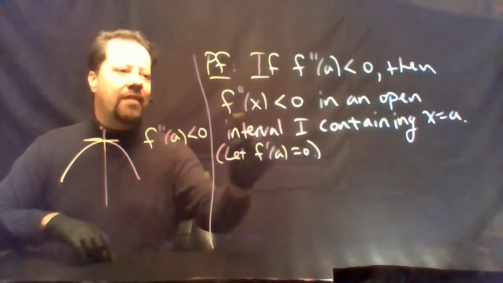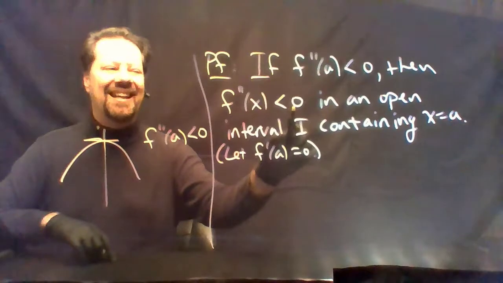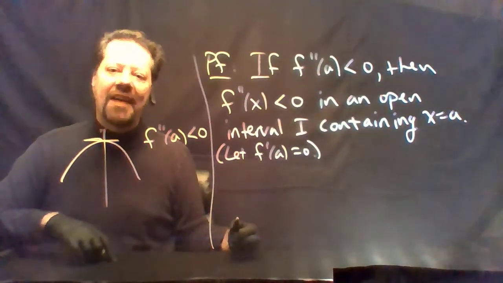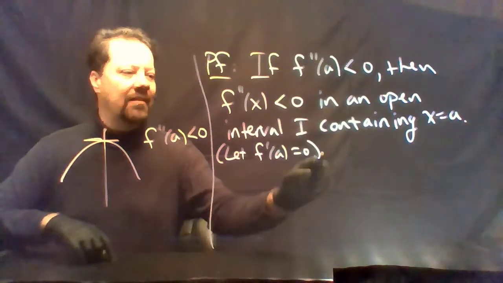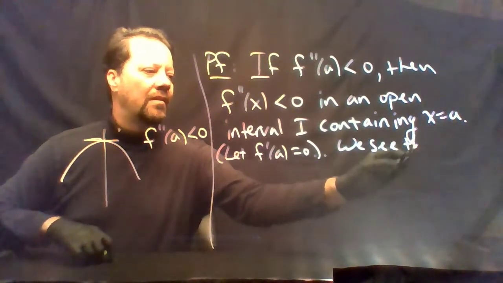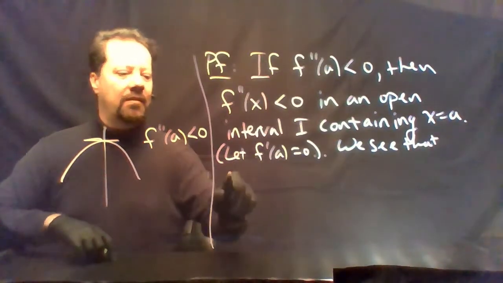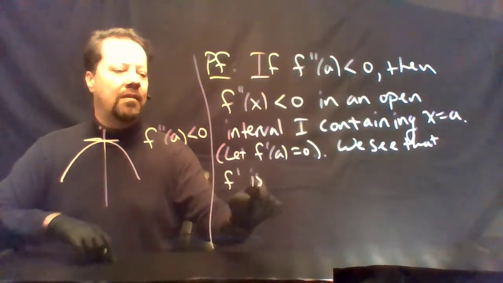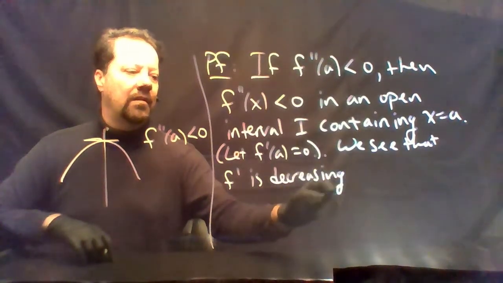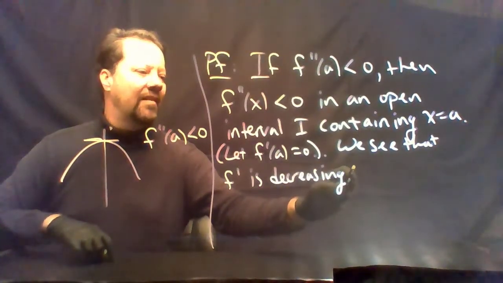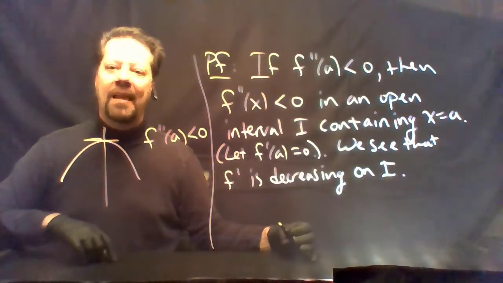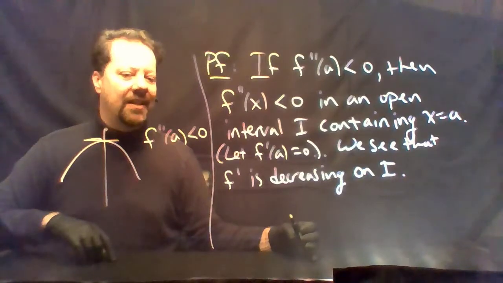Now, since the second order derivative is negative in some neighborhood of x equals A, that implies that f prime is decreasing on the interval I.